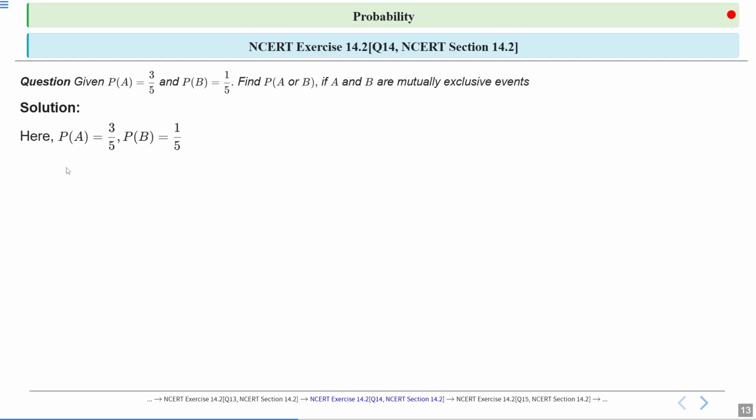Here we have given probability of A is 3 over 5 and probability of B is 1 over 5.